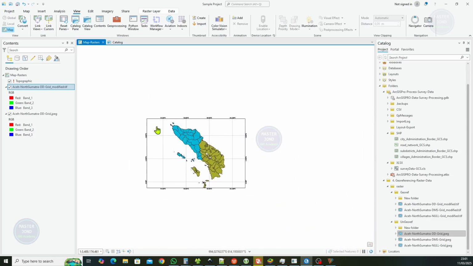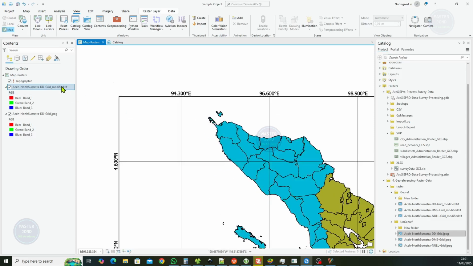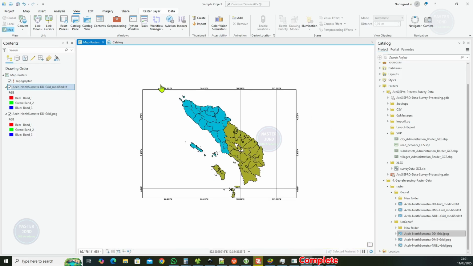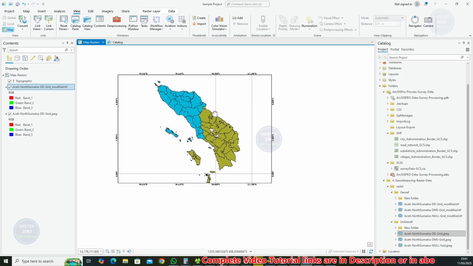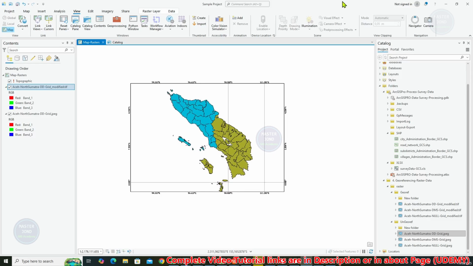There is the difference between the georeferenced one and the ungeoreferenced one. All right. I think that's all for distinguishing between georeferenced rasters and ungeoreferenced rasters. Thank you.